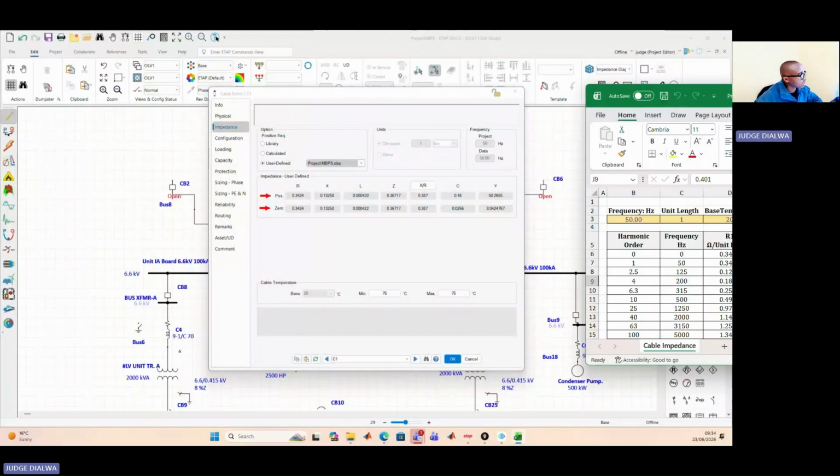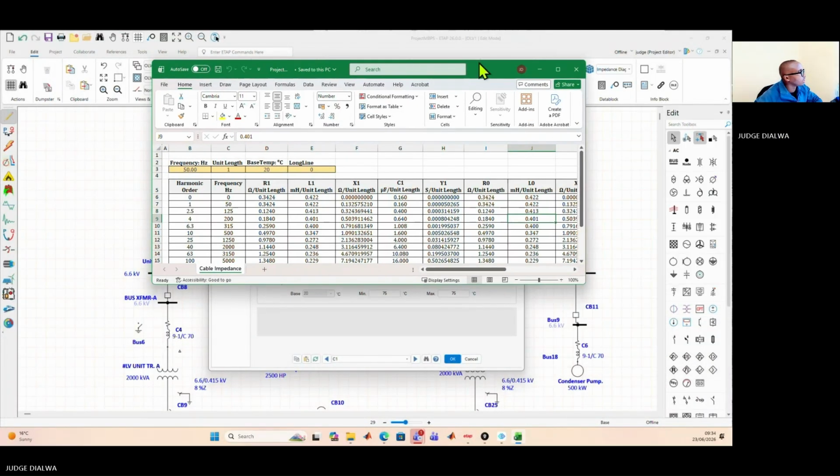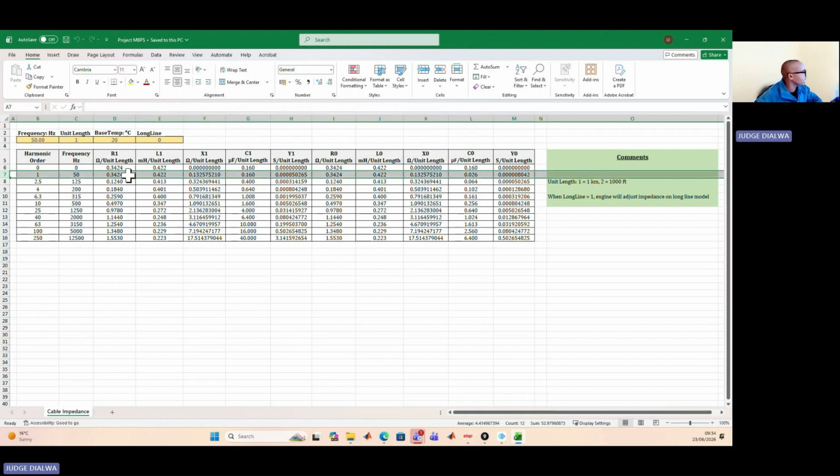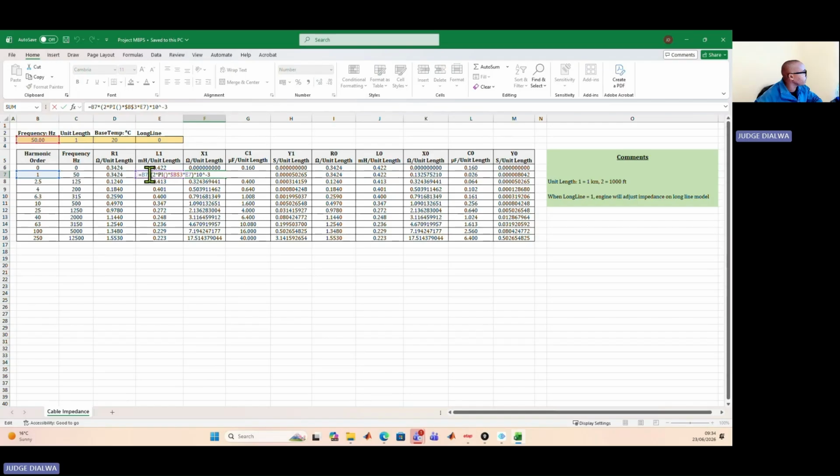Okay, so this is how it looks. That's what I only changed. I only focus on the fundamental frequencies. I modified the positive sequence resistance, and if you look carefully, the reactance X is equal to 2 pi f L. That is basically the formula that's been applied here.